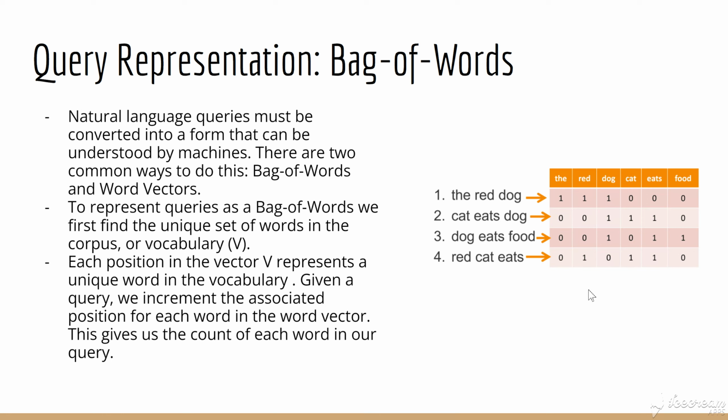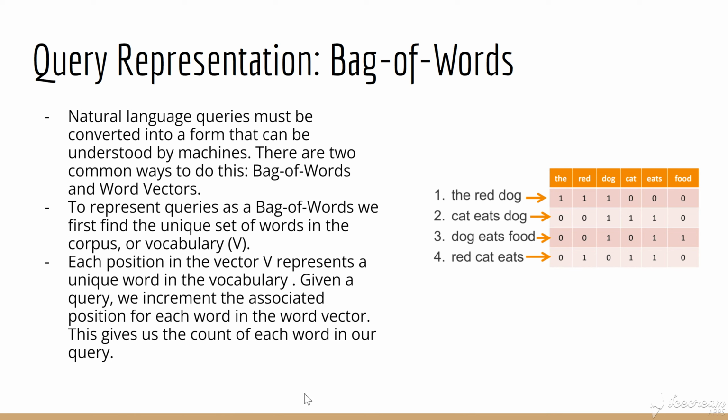But in essence, now we have a fixed representation of a given query in terms of a set of words. So this will be helpful for downstream tasks such as classification, maybe even clustering.